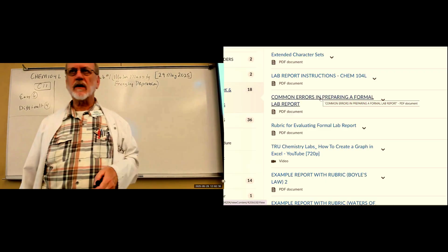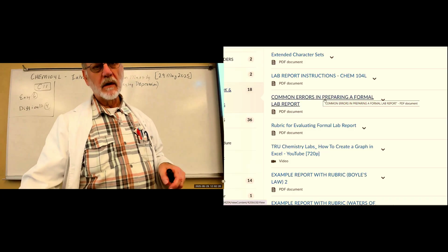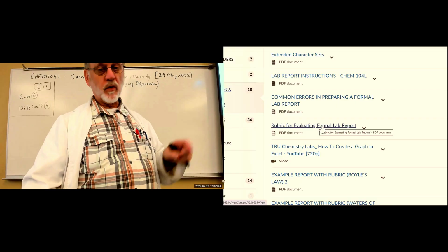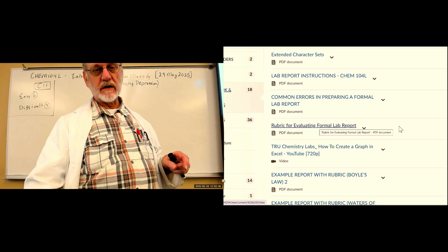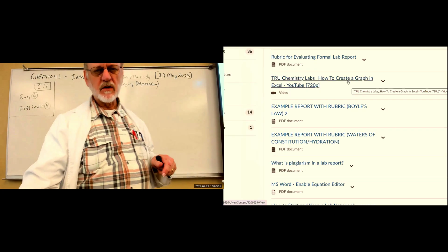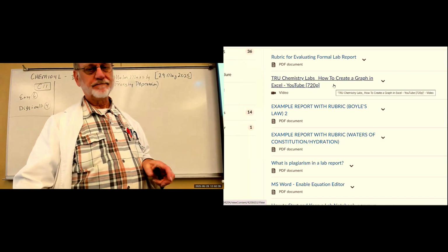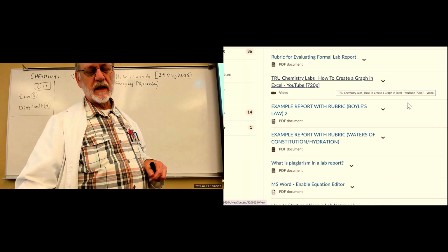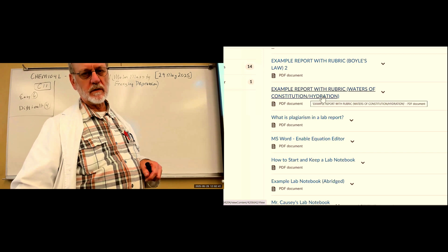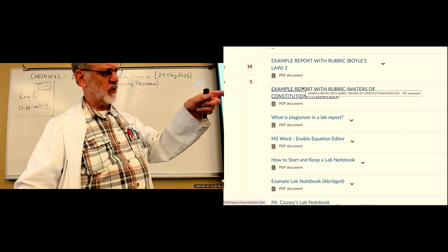If you don't use your spell checker when you're writing your report, then you must be crazy. There's a rubric for evaluating the lab report. You don't need to do this one, but you can look at how to create a graph in Excel. There's an example report, actually two versions. That one I think is Boyle's Law.